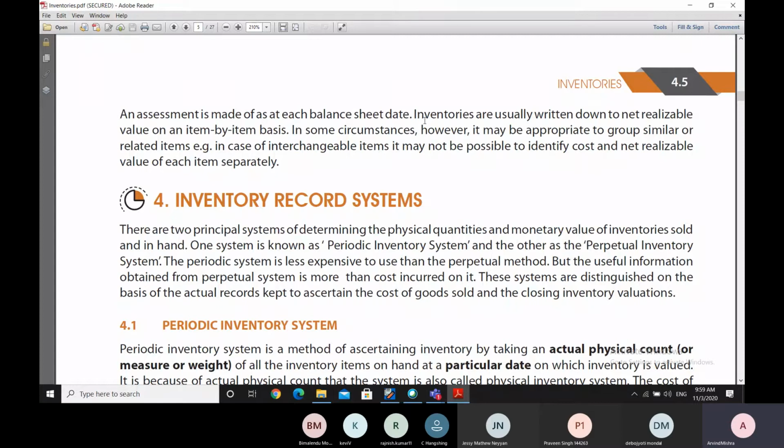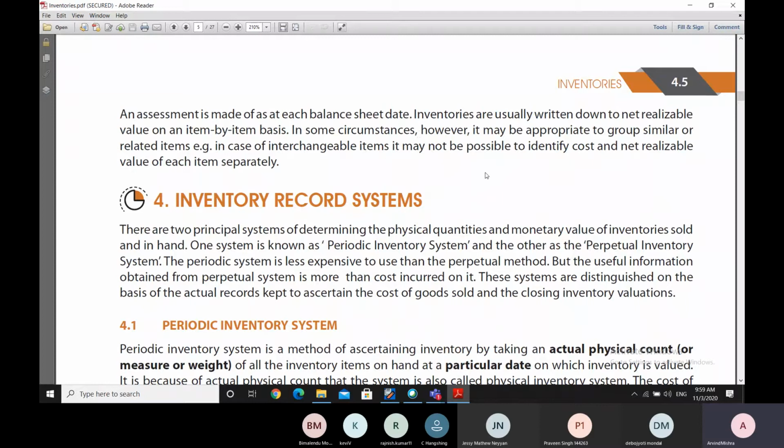Written down means that if we are taking the net realizable value, we are taking the inventory valuation at the balance sheet date. We have to write it down in such a manner that we use the rate of valuation, the prices which are available on the balance sheet date.